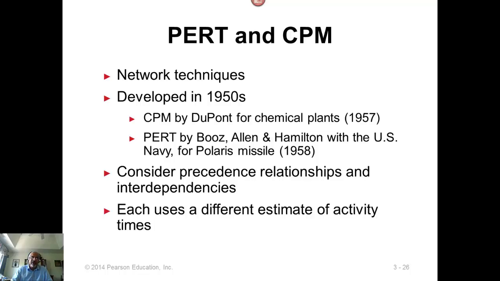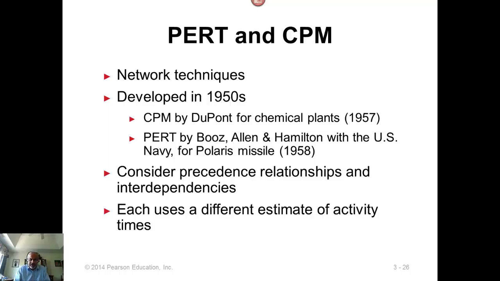So they developed more of a probabilistic approach, trying to figure out what is the probability of completing the project within a particular due date. They called the project management technique they were developing PERT.